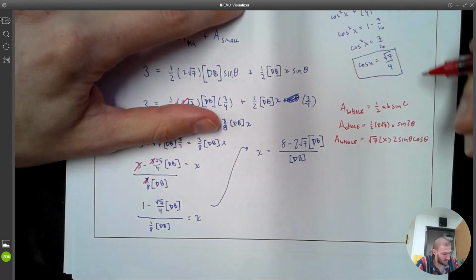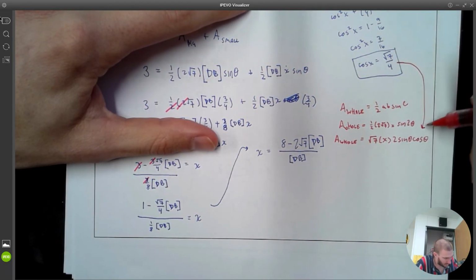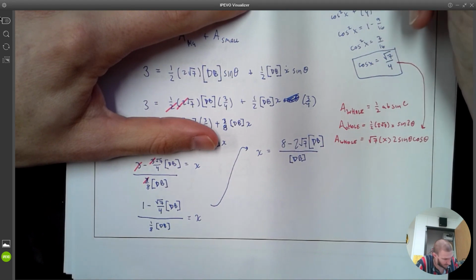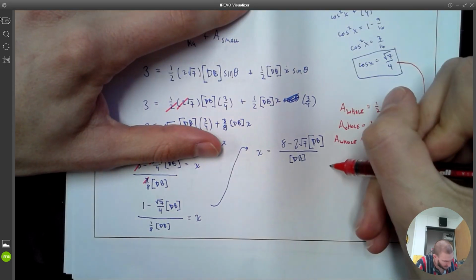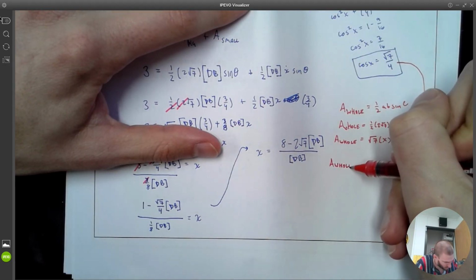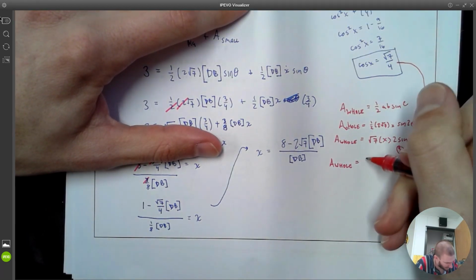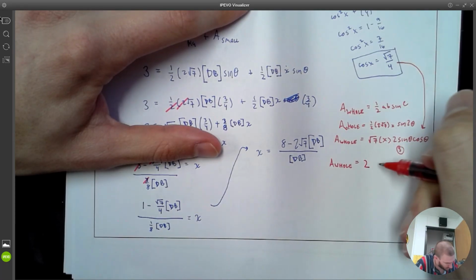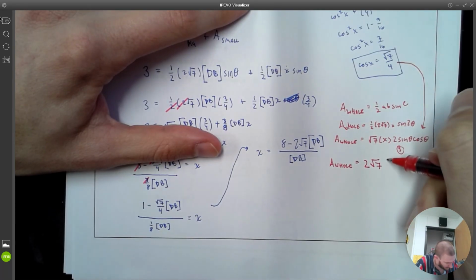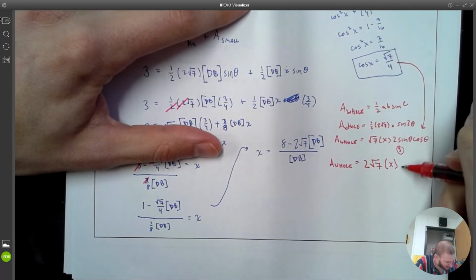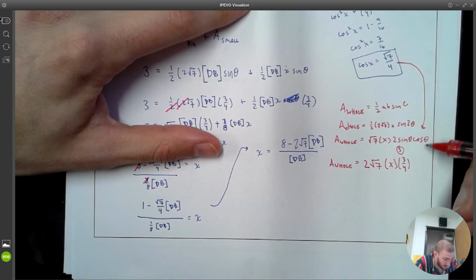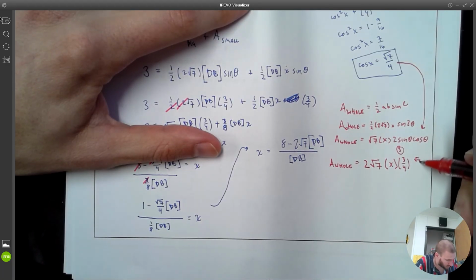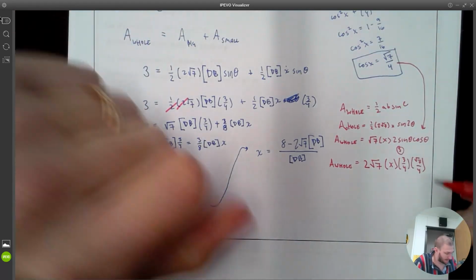Now we're going to have to bring the cosine and bring the sine from the given. So the area of the whole triangle is going to be 2 square root 7 times x times sine 3 over 4 times cosine, which we found, square root 7 over 4.